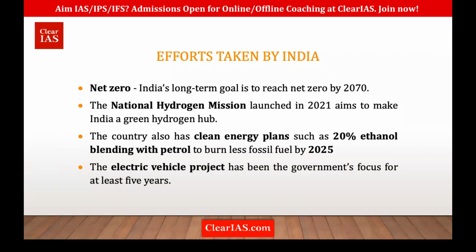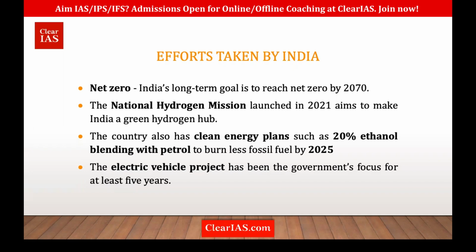Okay, so these are the major efforts taken by India. That is, there is net zero emission, a long-term target by 2070. Then we have the National Hydrogen Mission, making India a green hydrogen hub. Then there is the ethanol blending scheme, that is in the national biofuel policy, at least 20% ethanol blending.